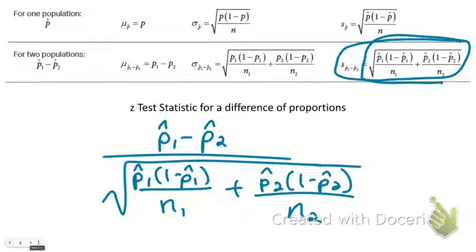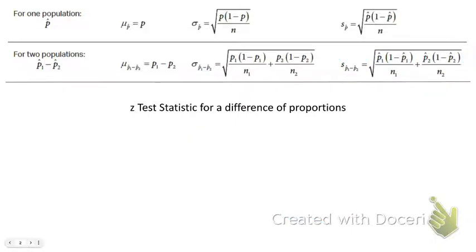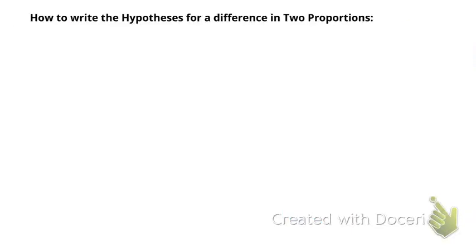All right, last thing before we do our example here is how do we write these hypotheses? These are going to be slightly different than what you guys are used to. Now, the null hypothesis is always that P1 is going to equal P2. I can write that in a slightly different way based on the fact that I'm doing a difference of proportions.